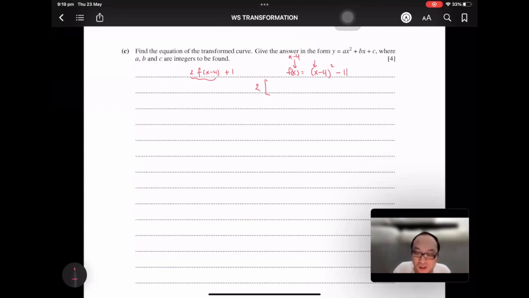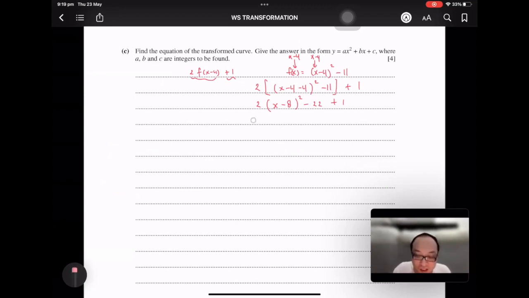So it becomes x minus 4 minus 4 squared minus 11. And then we add 1. So it's 2 times x minus 8 squared minus 22 plus 1.